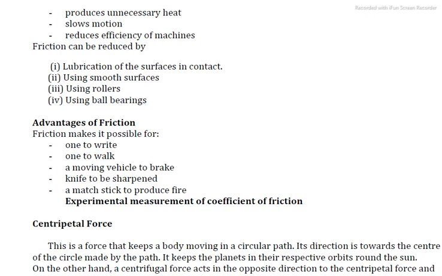We can also use rollers or ball bearings in moving parts. Those are the ways of how we can reduce friction. However, sometimes friction is important, and where it is important, how can it be increased? That is yours. Think about that.